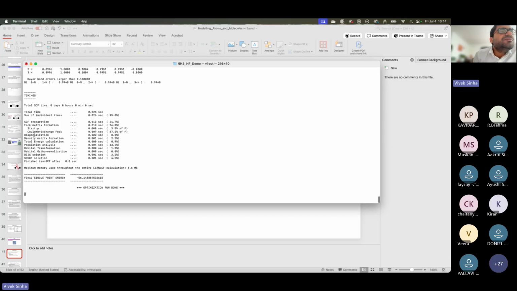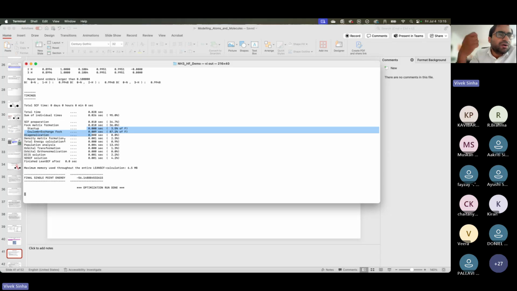And see here, it says it is making the Fock matrix. The Hartree-Fock matrix that we talked about, it's diagonalizing that, it calculates the Coulomb and exchange interaction. Here the information is about timing, how much each step took, about essentially evaluating these different parts in the energy, and finally it gets you the single point energy.